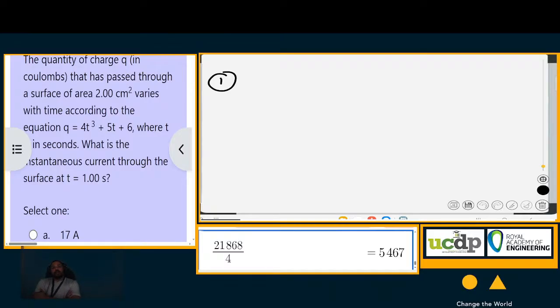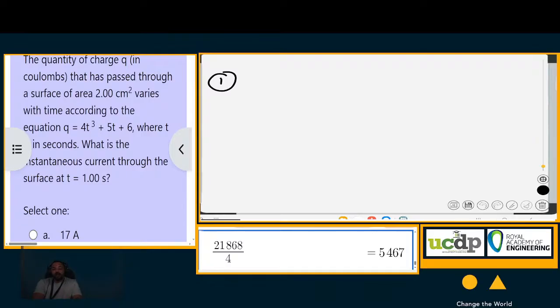Right, look at that problem there. It says the quantity of charge Q in coulombs that is passed through a surface of area 2 square centimeters varies with time according to the equation. So the amount of charge that moves through a certain surface area varies with time, so it's not constant.